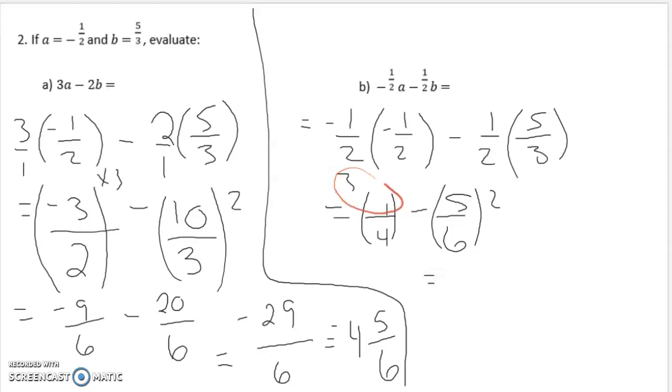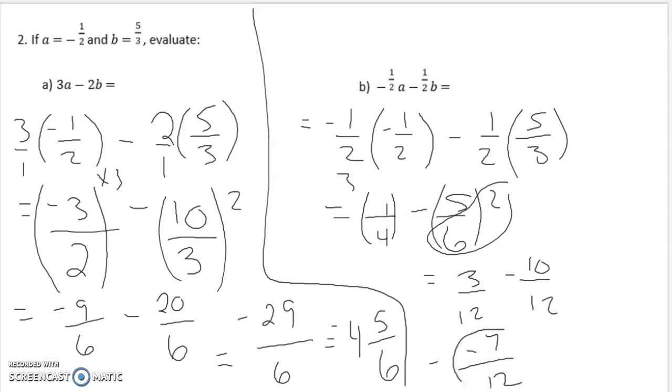So 1 times 3 gives me 3. 3 times 4 gives me 12. Subtract 5 times 2 gives me 10. 6 times 2 gives me 12. And last step, 3 minus 10 gives me -7/12. The end.